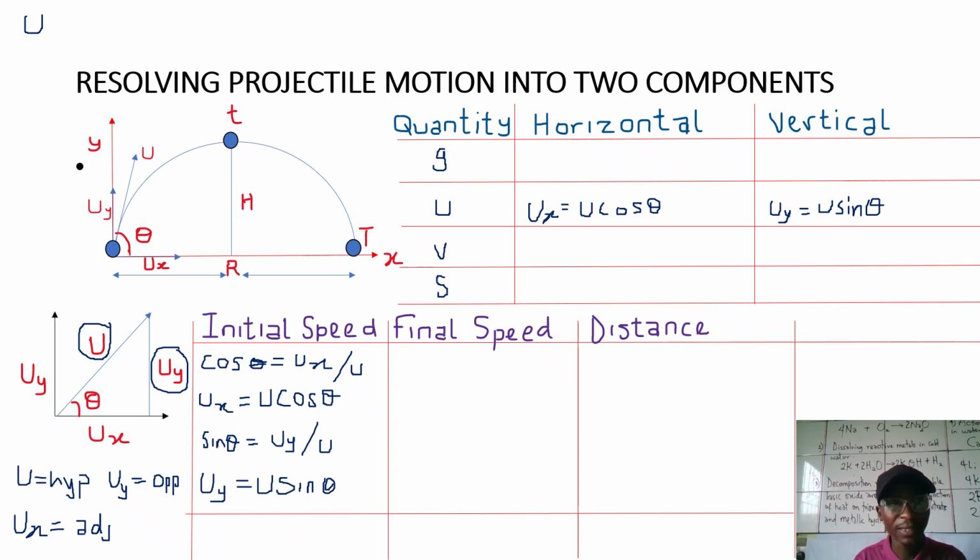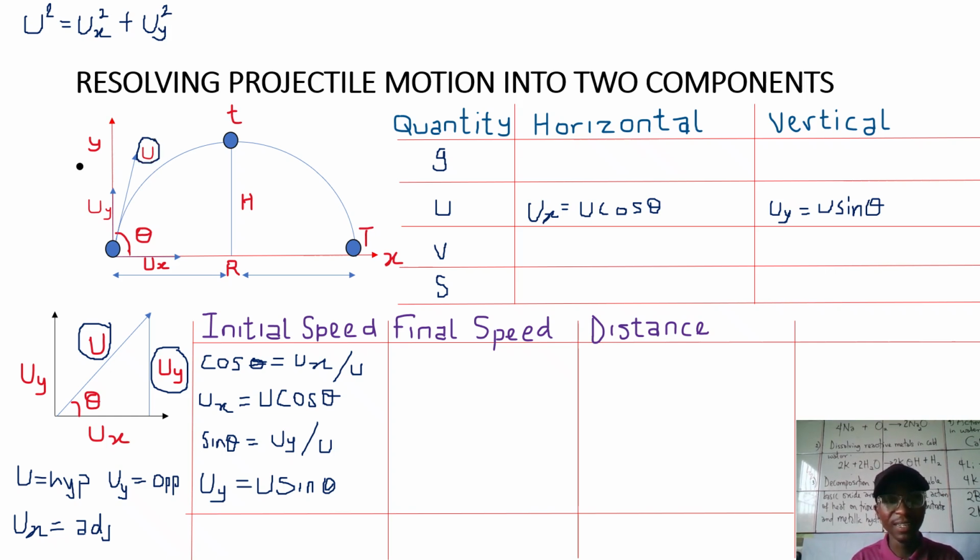That implies that our resultant, which is our initial speed of throw, u squared, is equal to the sum of the squares of our initial speed at the horizontal axis as well as the vertical axis. And with that, we have been able to determine the initial speed of our projectile motion.